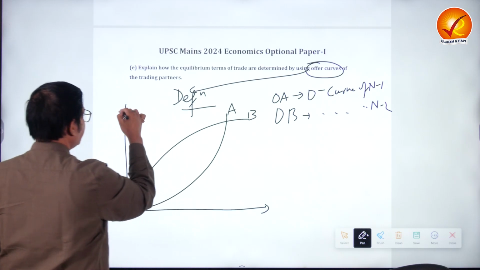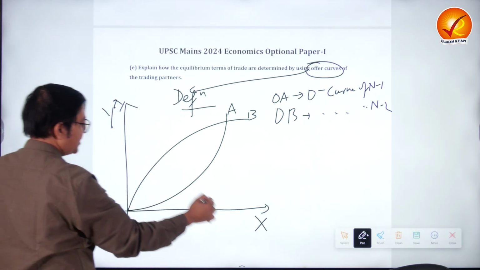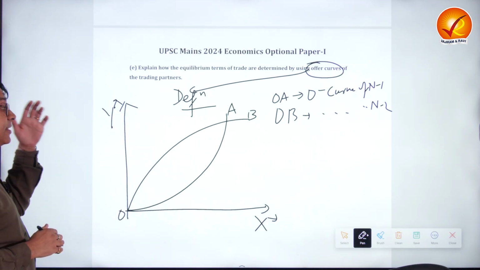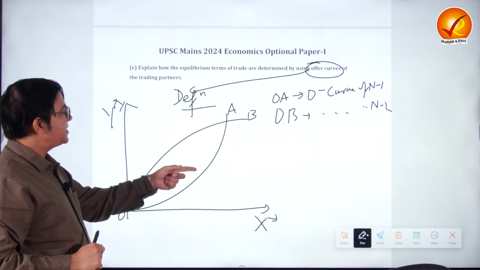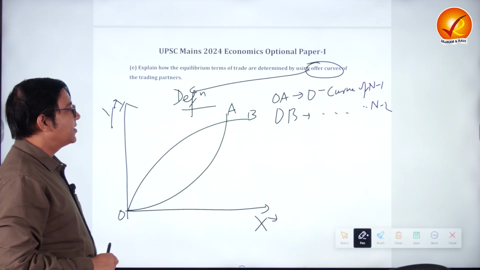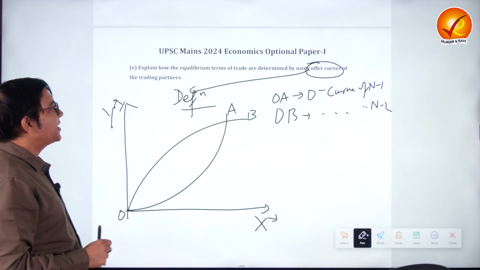The axes are X and Y, which are goods. Nation 1 is exporting X and importing Y, and nation 2 is exporting Y and importing X. Books like Salvatore do it in a very rigorous manner, so have a look.